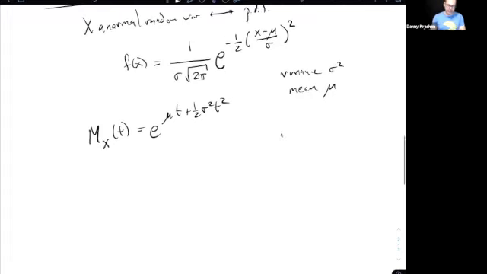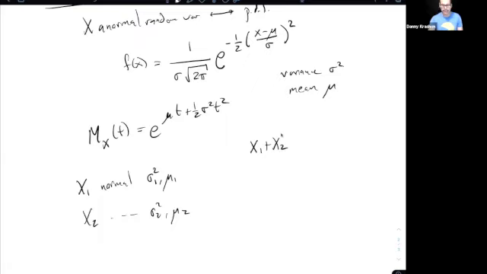So for example, let's suppose x1 is a normal random variable with some particular values, sigma 1 squared and mu 1, we're going to call it, and x2 is a normal random variable with some other variance and mean. Then I might ask, what happens if I consider the random variable x1 plus x2?